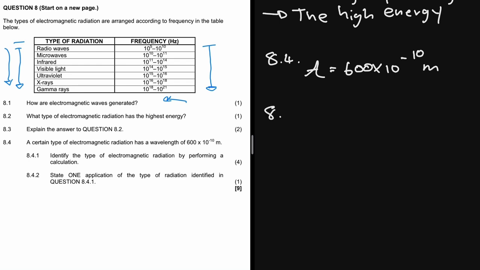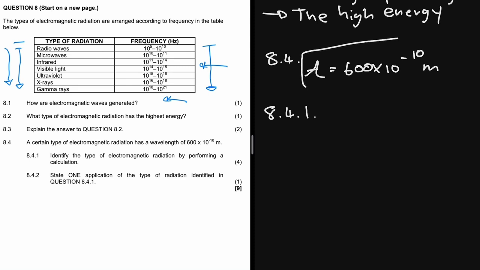The next question, 8.4.1, says identify the type of electromagnetic radiation by performing calculations. So how can we get the type of electromagnetic radiation? Remember, we have the frequencies of different types of radiations. So if we can get the frequency of what?